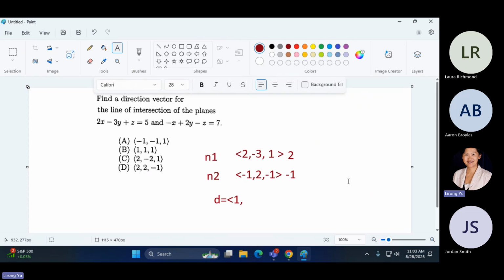Finish calculating this vector. As you can see, the cross product was difficult, but with practice, anything gets easier.